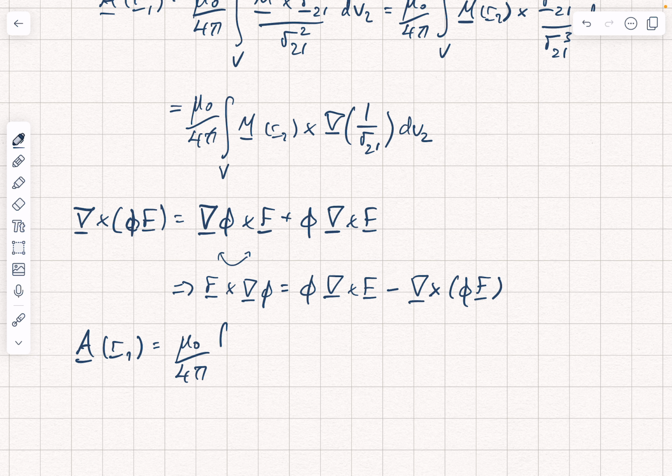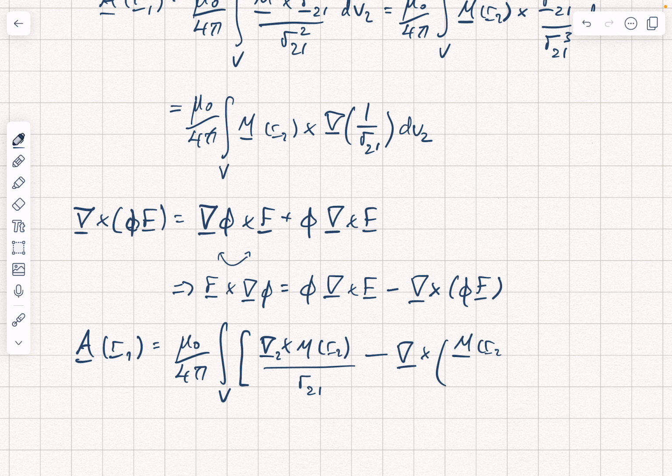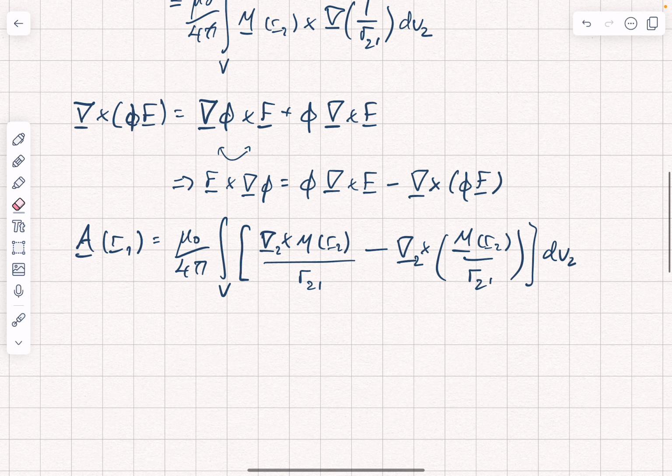Let's do a volume integral of the curl of m at r2, and that has to be a curl with respect to r2, otherwise it would be 0, divided by r21, minus the curl of m, again at r2, that's a curl with respect to 2, divided by r21, close the square bracket, so we say it's a dv2. Okay, so now what have we got?